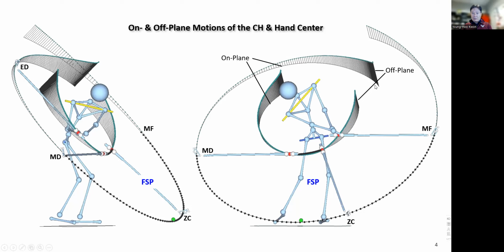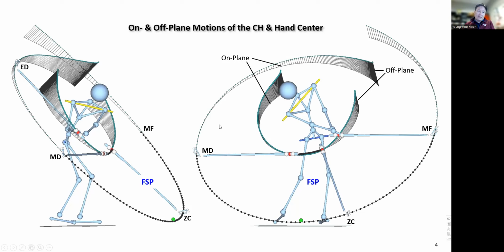By using the projected trajectory, we can see how the club head is moving on the plane. And by using the deviation of the club head or the hand center from the swing plane, we can also describe the off-plane motion.